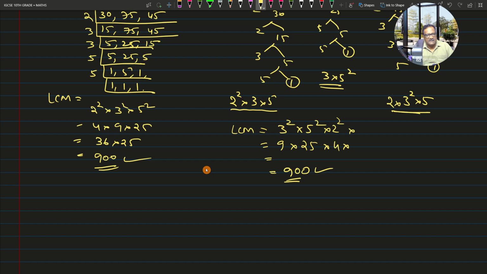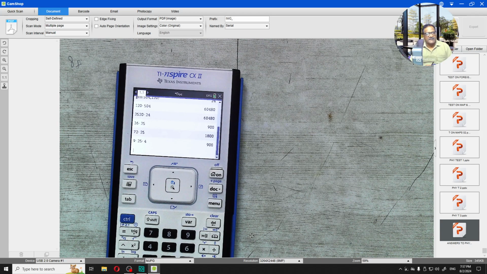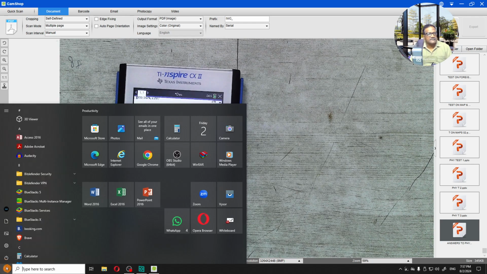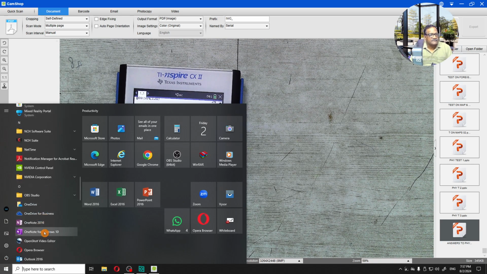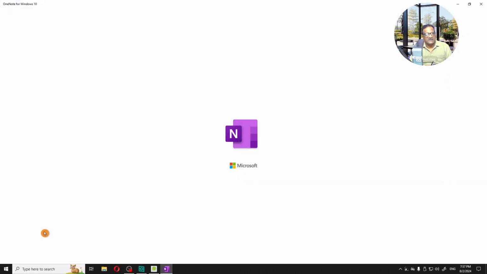Now the question arises, how are you going to find the LCM of three numbers on a GDC? So for that, I'll take you to GDC. I'll have to bring back the OneNote.